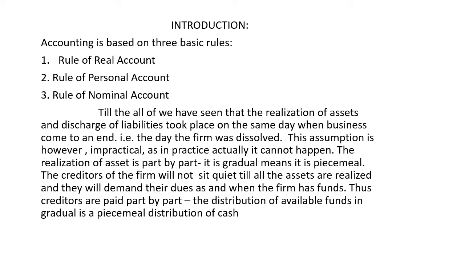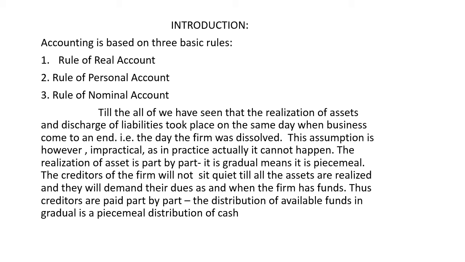The realization of assets is part by part, as assets are sold as and when they have demand in the market or marketability. It means assets are realized gradually, that is, received in a piecemeal sense.